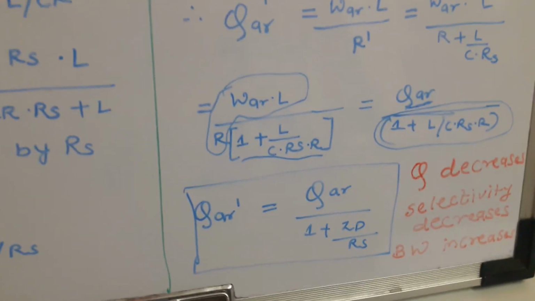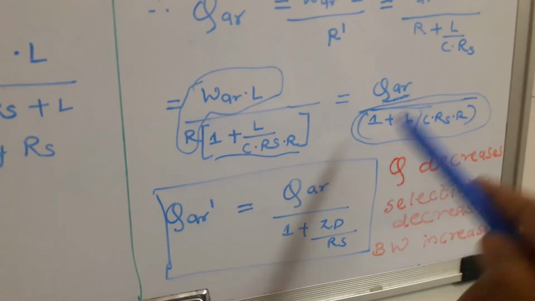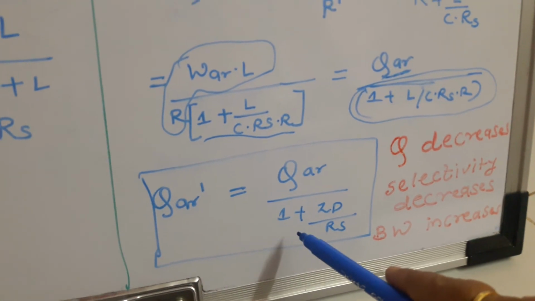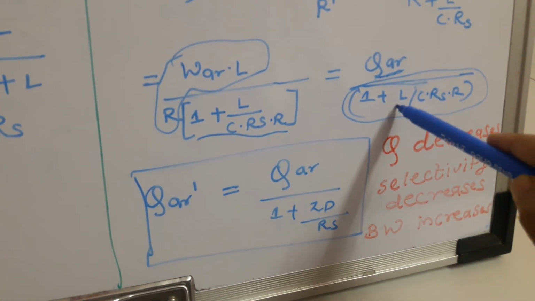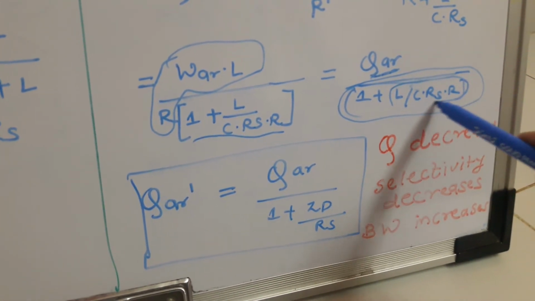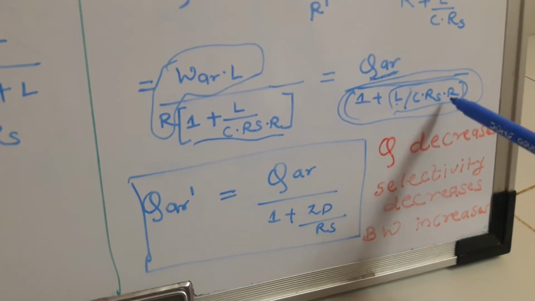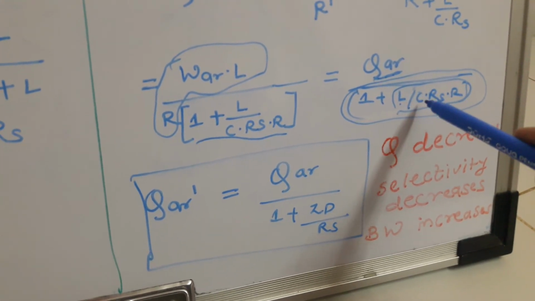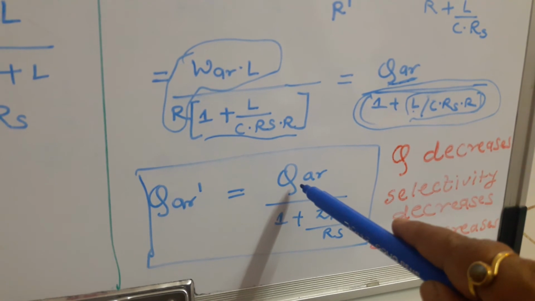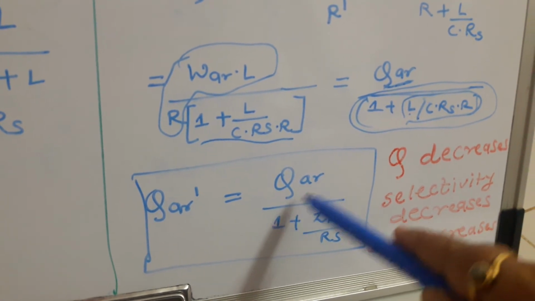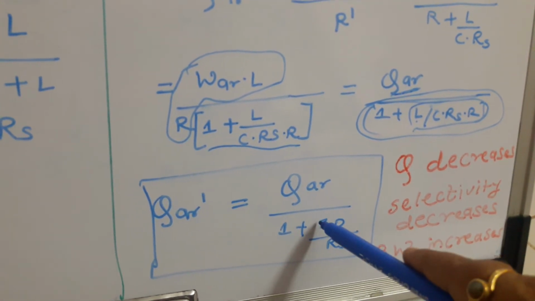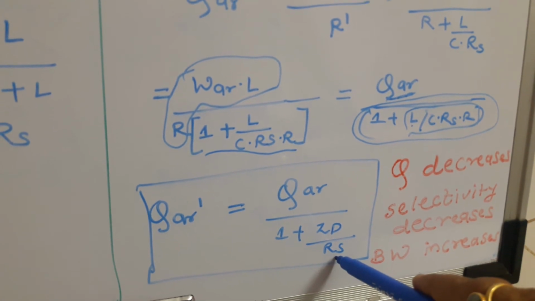Here the L by CR term is present, so it is nothing but the dynamic impedance. So we can write the quality factor at anti-resonance divided by 1 plus dynamic impedance divided by source resistance.